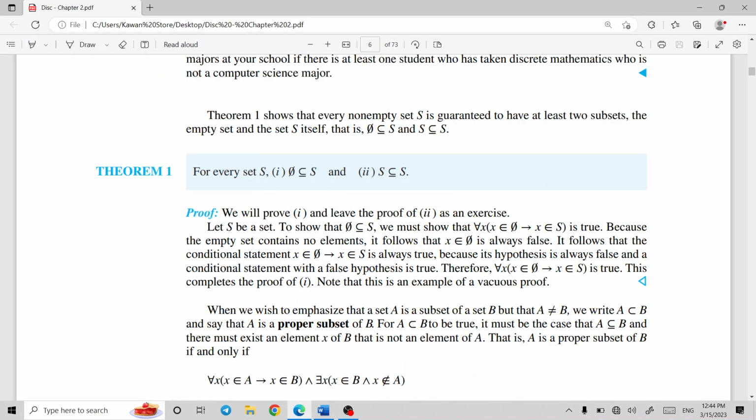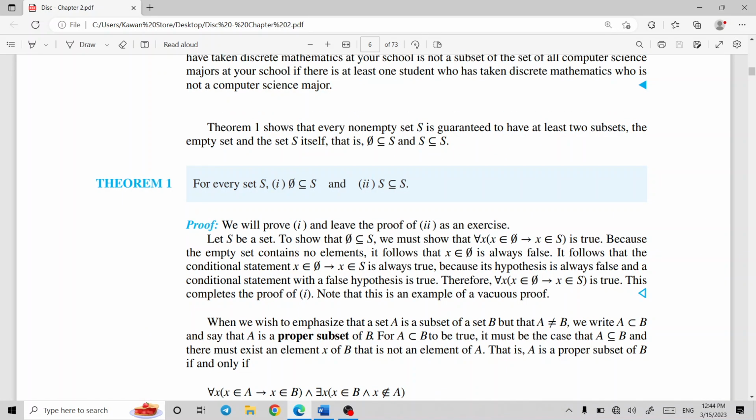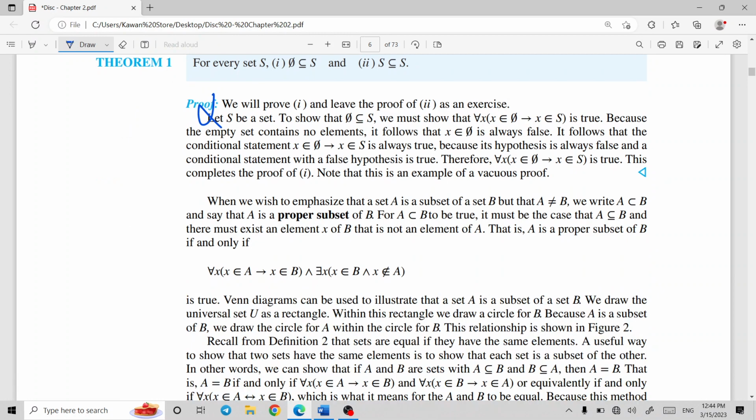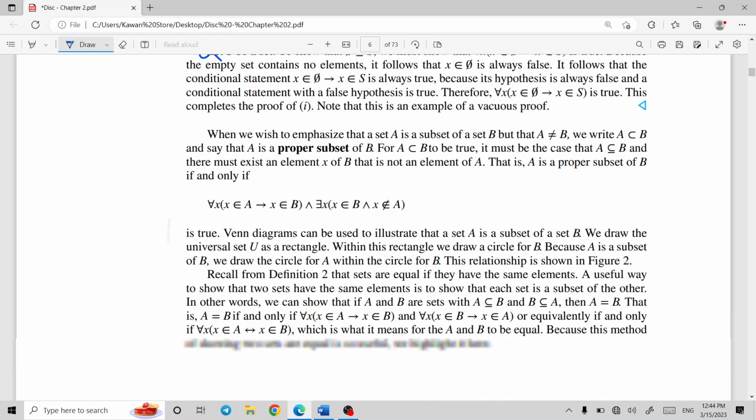Now you can see these two facts: phi is a subset of each set and each set is a subset of itself. Of course, the proof is not included. Kindly skip it, and later don't send me an email because I cannot answer.